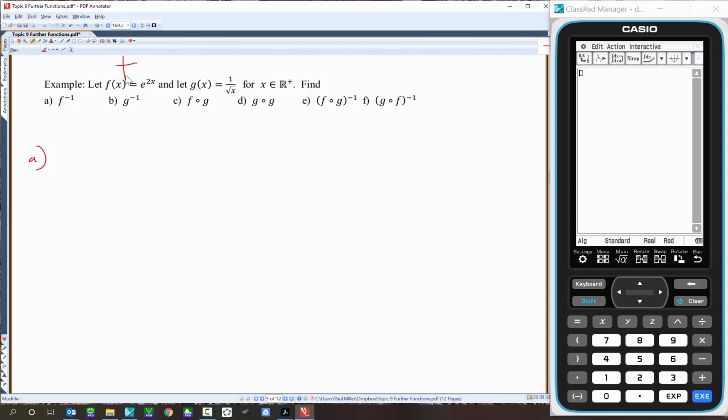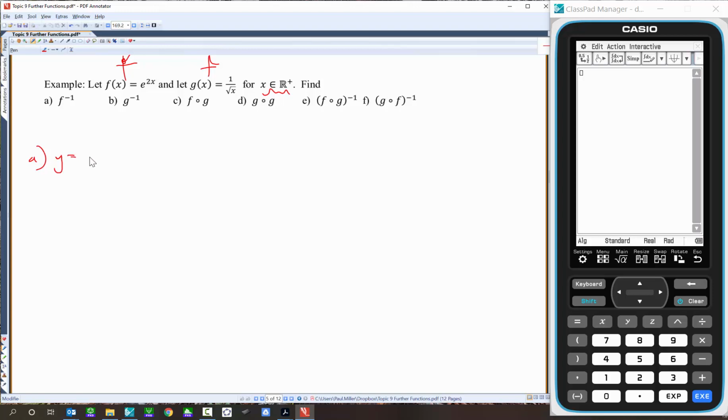So that's e to the 2x, which is going to look like that with an open circle on the y-intercept. That is kind of like the right-hand side of a hyperbola, asymptotes along there. So that's why that domain exists. All right, so f negative 1, that's the inverse of that.